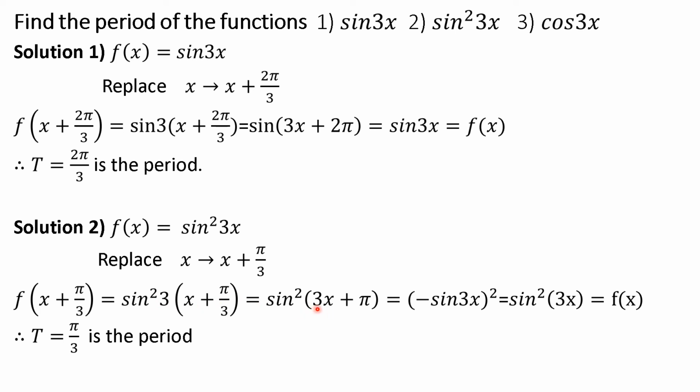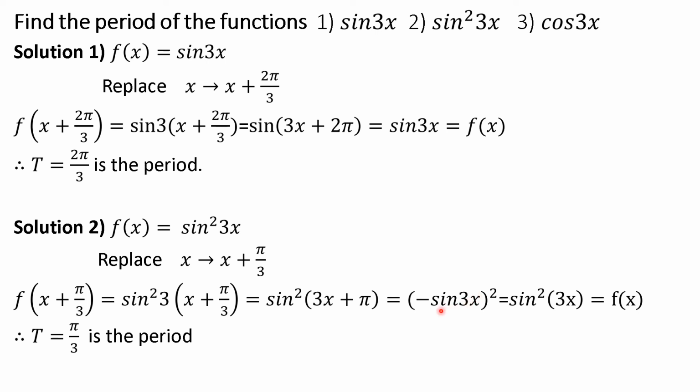Sine square of 3x plus pi, that means sine of 180 plus theta. 180 plus theta means third quadrant. In the third quadrant sine is negative, isn't it? Sine is negative, and since 180 is there, sine remains the same, therefore minus sine of 3x whole square.